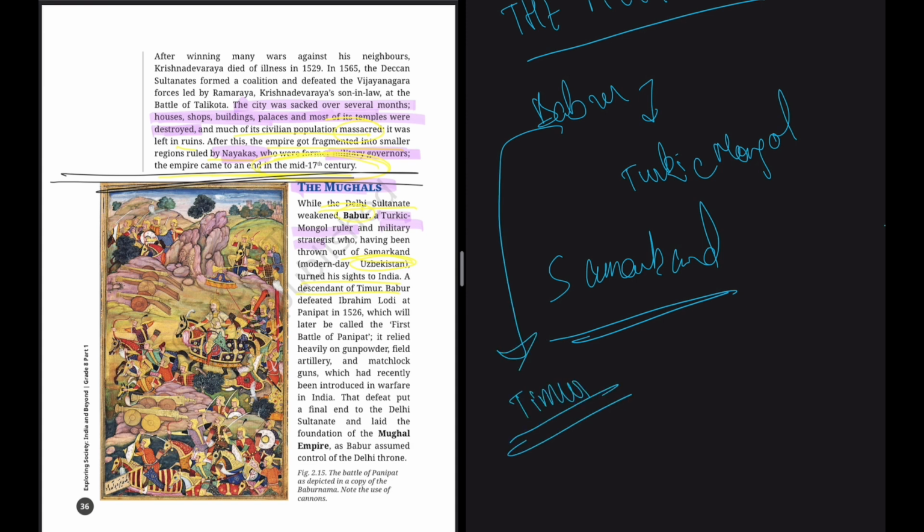We already studied about Timur, who was a brutal leader. He came, invaded India, plundered the wealth and left.